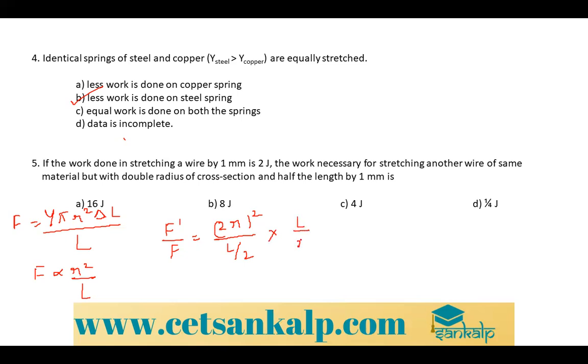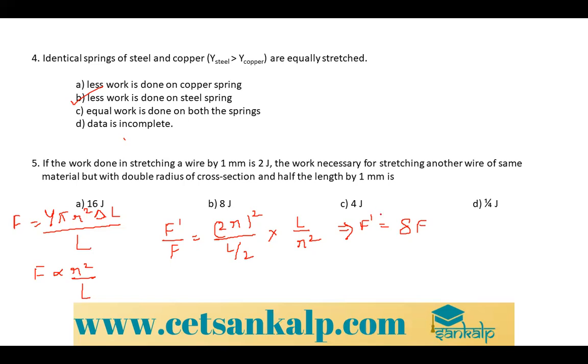So L divided by r square. Finally I can write F dash is equal to 4 pi r square 4L, so it is 8F. F dash is equal to 8F.